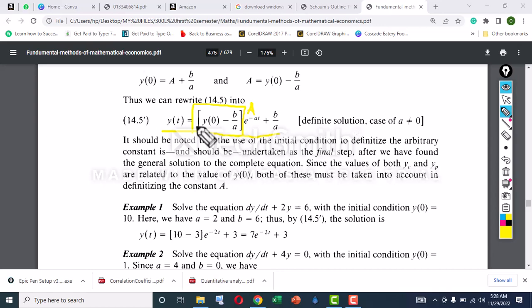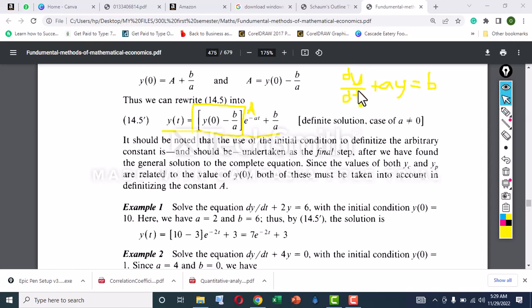Another thing to notice is that your differential equation is always of this form: dy/dt plus ay equals b.